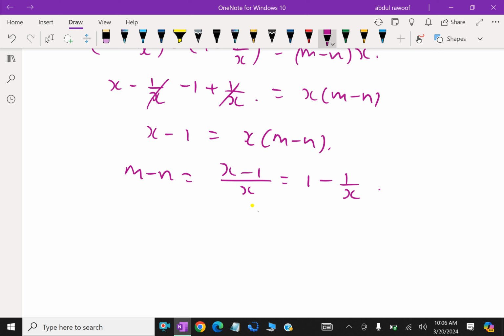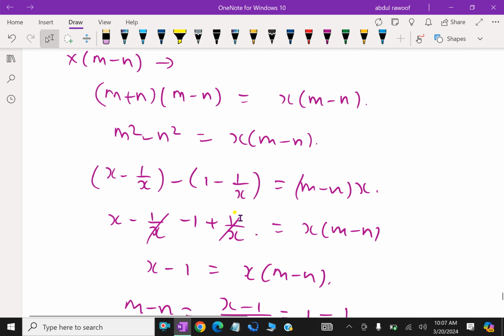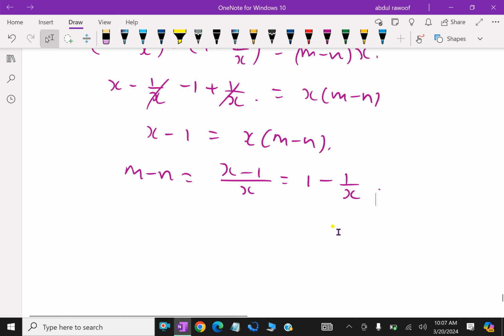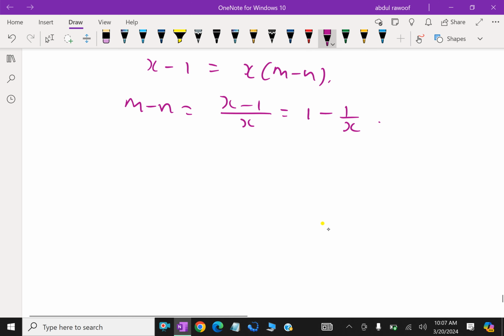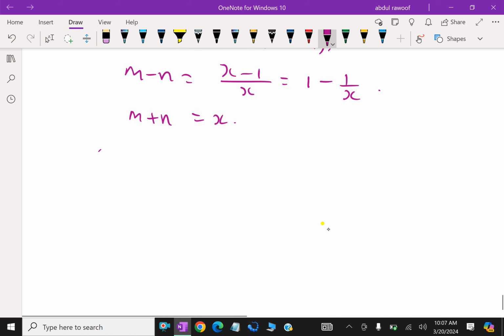We got m minus n is this, and also we have m plus n equal to x. So we write together m plus n equal to x and m minus n is 1 minus 1 over x.